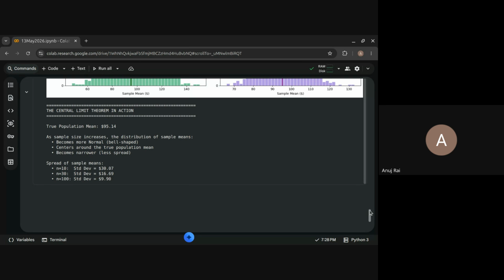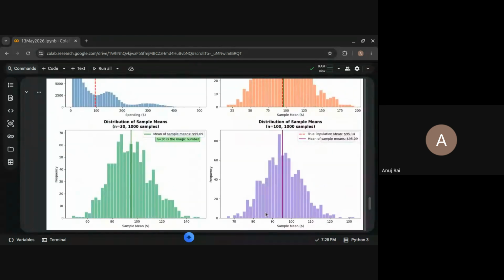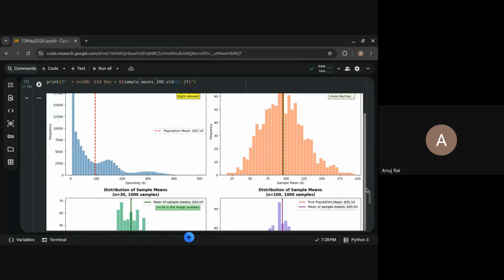Not the sample itself. If you run the statistical summary on the sample, here is what this data represents. Let's say this is the true spending of your population. Here, this is around $10 at the minimum, and it goes up to 400.